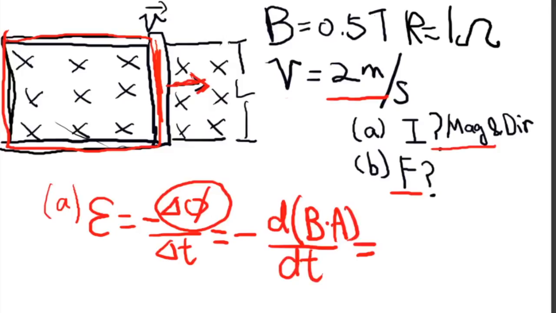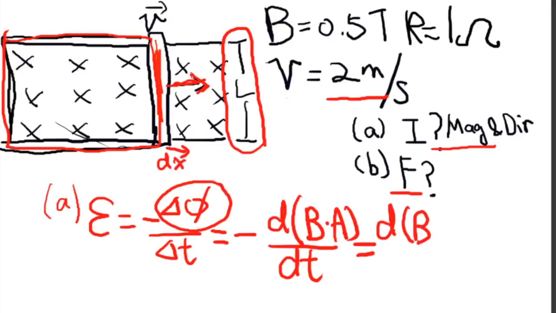And in this problem, we are also given that the metal bar has a length of L. For each moment, the metal bar moves to the right by a distance of dx, so that we can rewrite the area as L dx over dt.